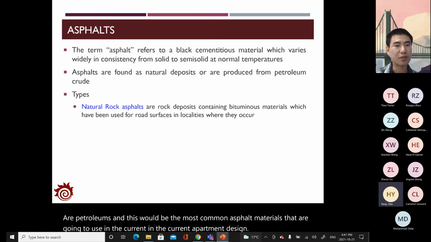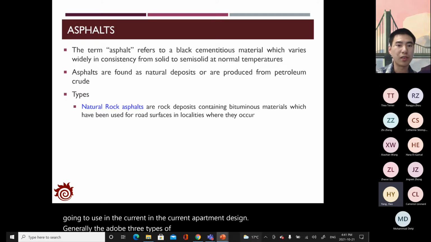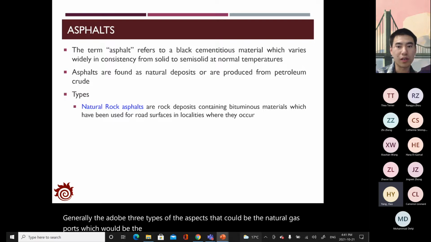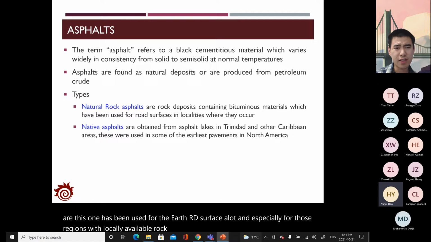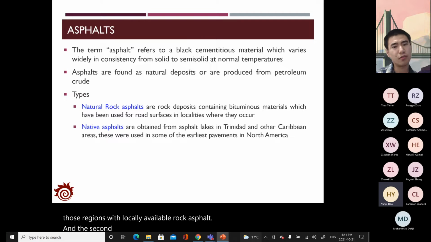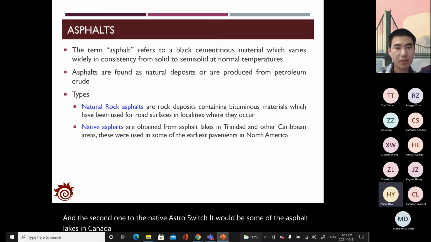Generally, there will be three types of asphalts. They could be the natural rock asphalt, which would be the rock deposits containing bituminous materials. This one has been used for the road surface a lot, especially in those regions with locally available rock asphalts. The second one is the native asphalts, which would be some of the asphalt lakes in Trinidad or some Caribbean areas.